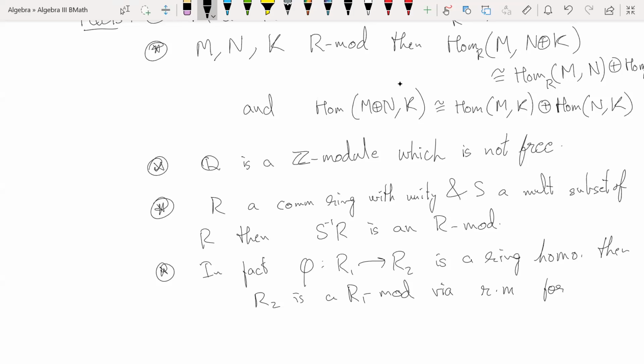For r in R1 and m in R2, r dot m, what should be its definition?